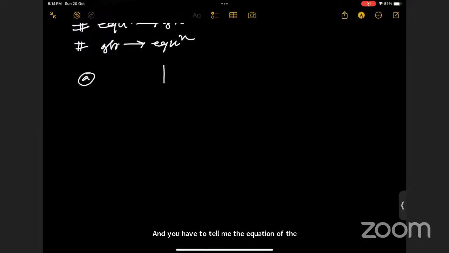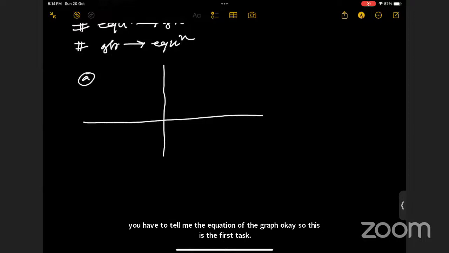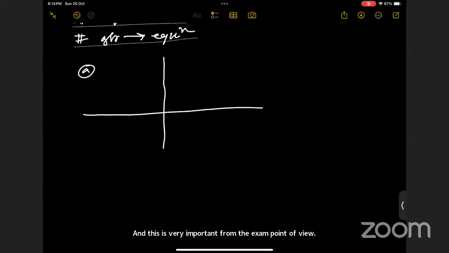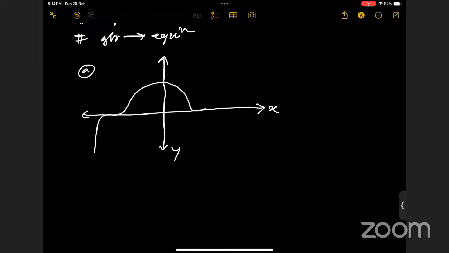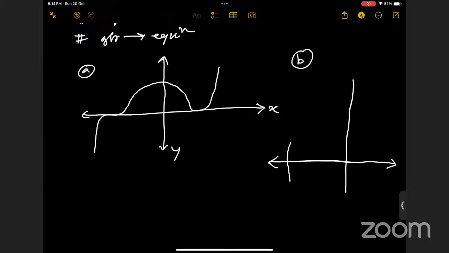This is the first task, and this is very important from the exam point of view, so you have to be very careful about the concept. Okay, so these are the two graphs.